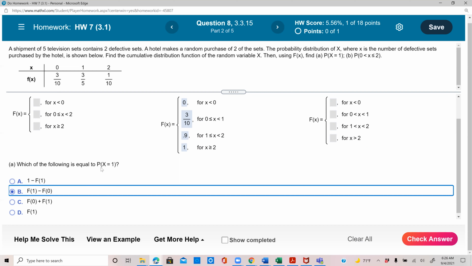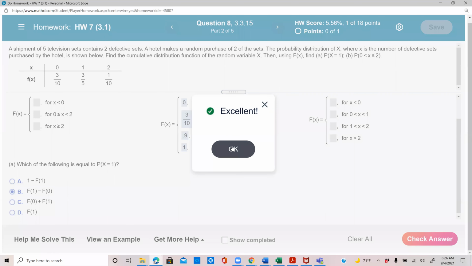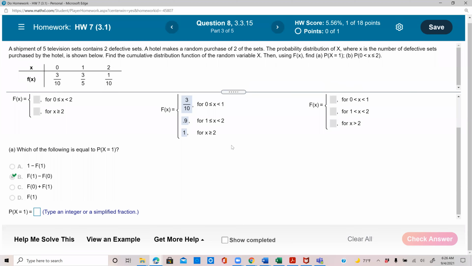So for probability x is equal to 1, it would be F of 1 minus F of 0. Similarly, if you were calculating probability at x equal to 2, that would be F of 2 minus F of 1. Okay, so probability x is equal to 1, well, we already know, we can see it from here also, it's 3/5.